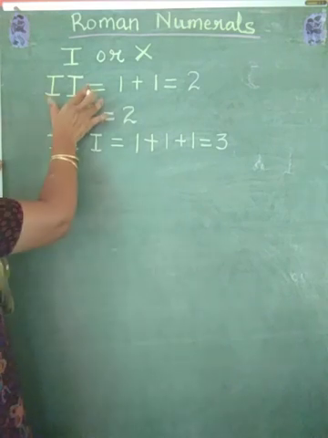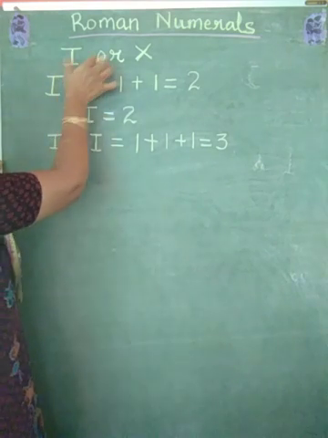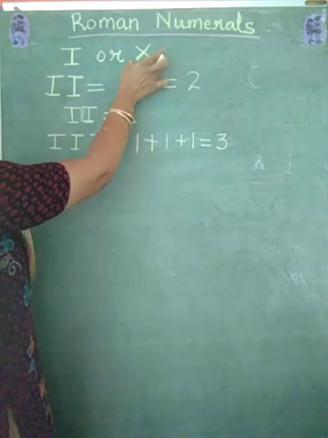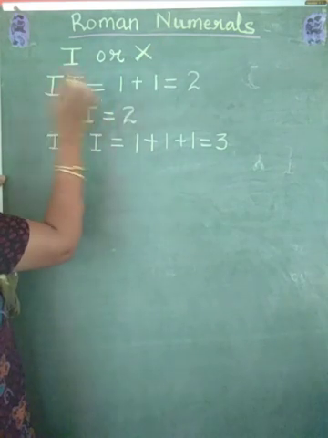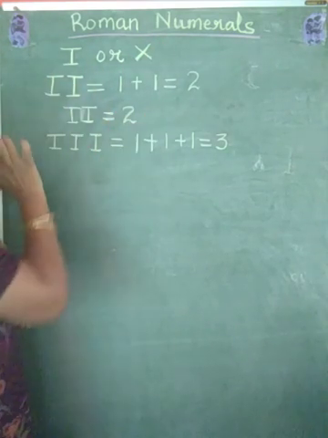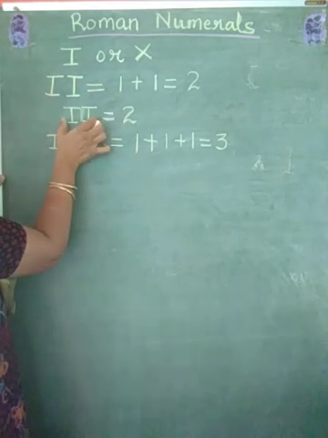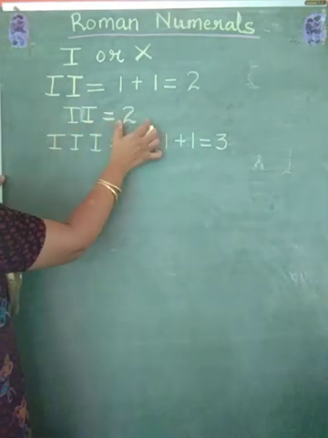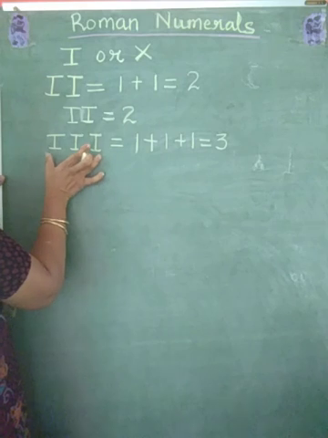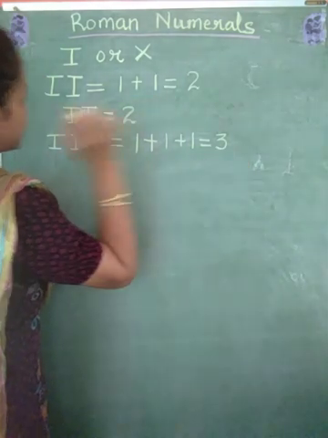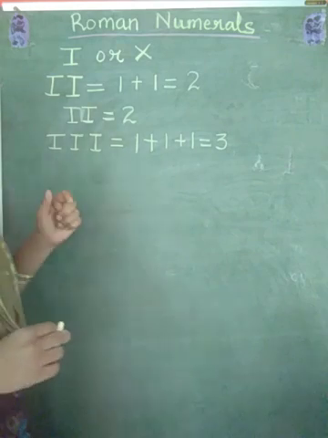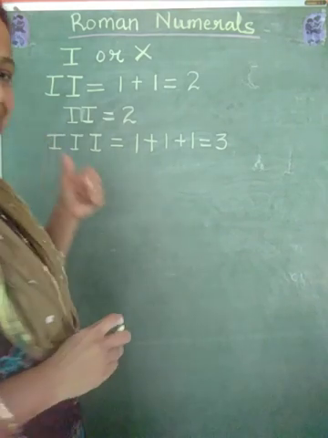So this is the first rule which says that if I or X is written consecutively 2 or 3 times, the sum total will be the number they make. Here, when we write I 2 times, its addition is 2. And when we write I 3 times, we get the number 3. So that means we have now learnt up to 1, 2 and 3.